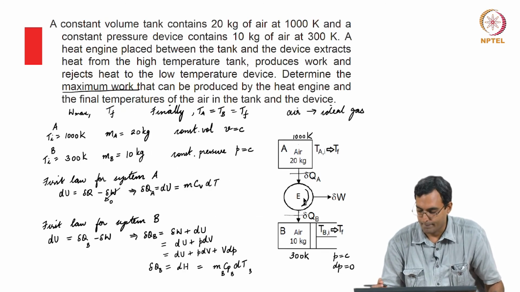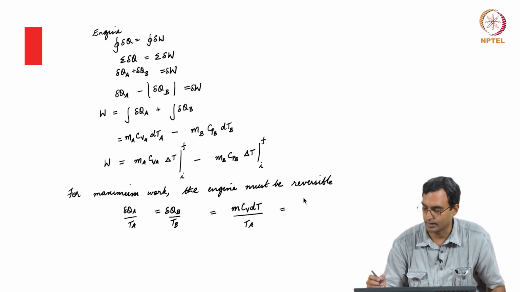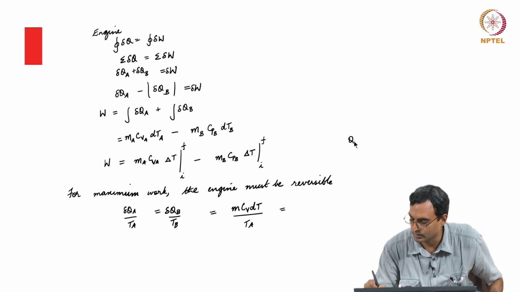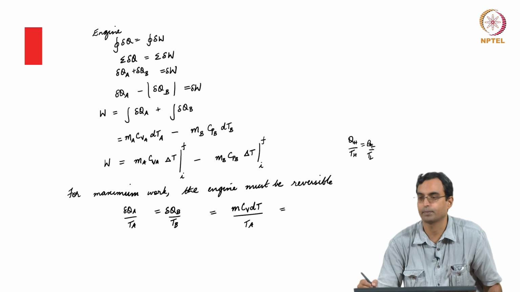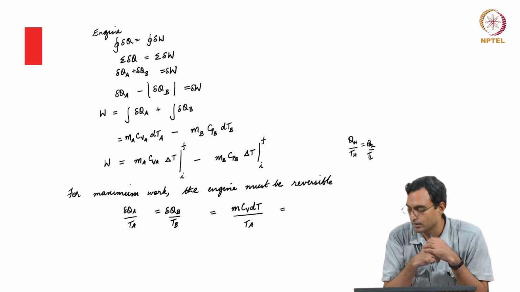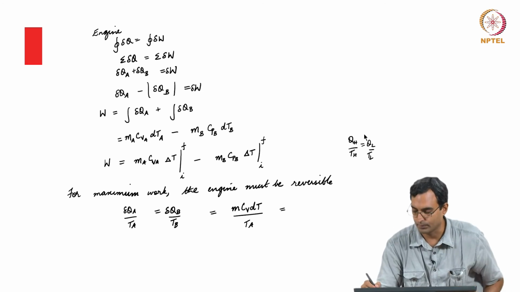So, what we are seeing is that, when we write it, for example in the Carnot cycle, we say Q_H by T_H is Q_L by T_L. What we mean over here is Q_H is positive, Q_L is positive, because both of these are positive. We are looking at temperatures on the absolute temperature scale, so the denominators are already positive. So, we need to make sure that the numerators are positive.